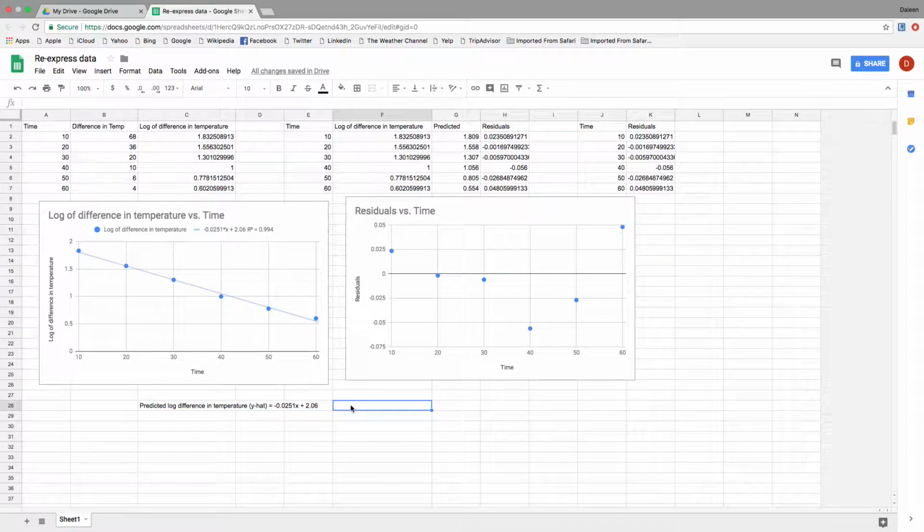So if we want to make predictions using this equation, the question that I'm going to ask you guys is, what is the predicted difference in temperature?